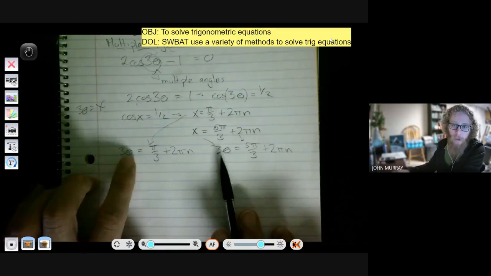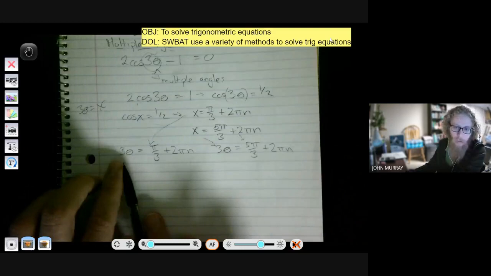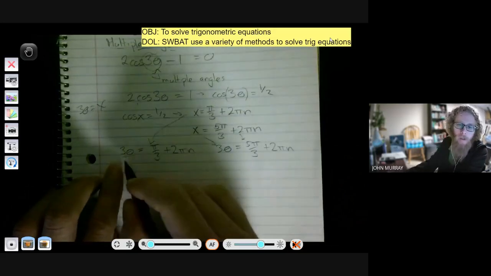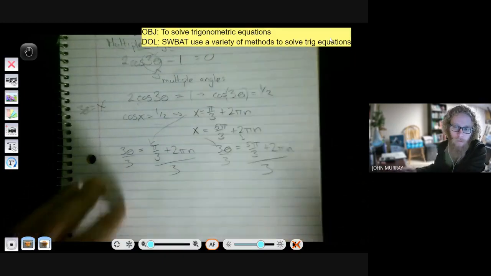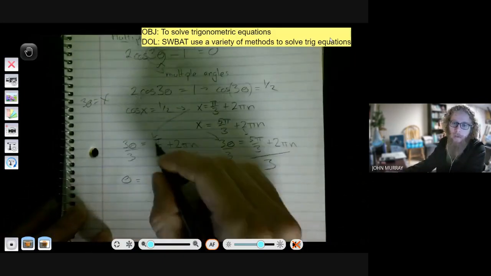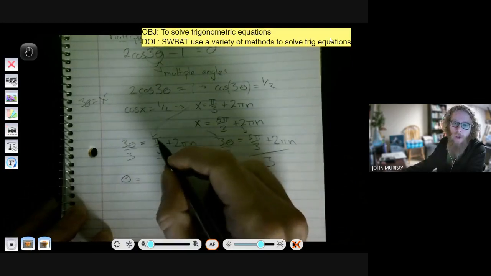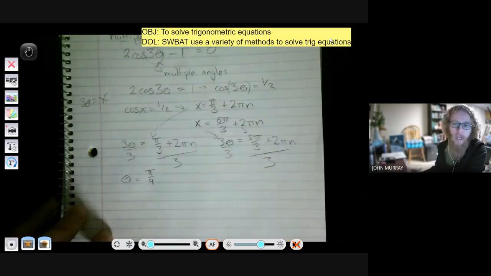All right, so that's how we end up here. This shows that I'm not done yet. What I have to do is divide by 3. So my answers now, I have to divide everything by 3. So pi over 3 divided by 3 becomes pi over 9.